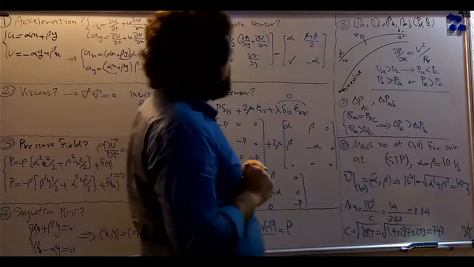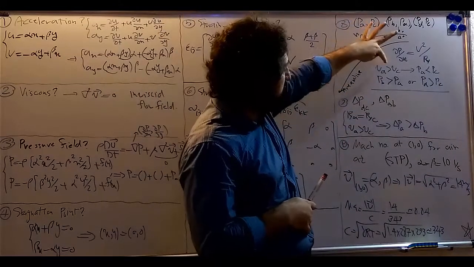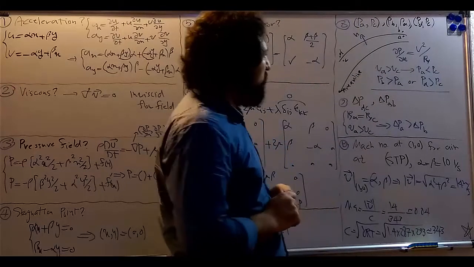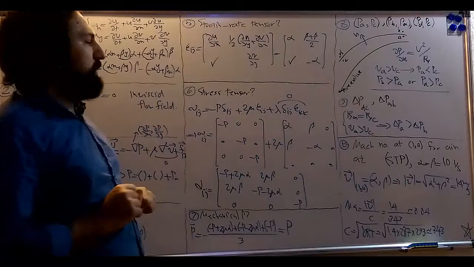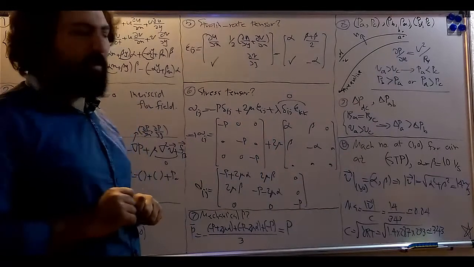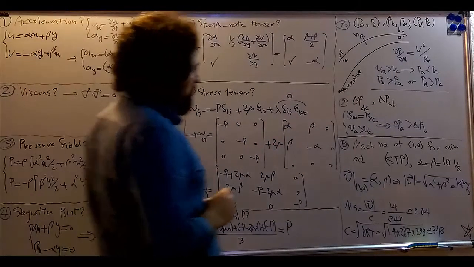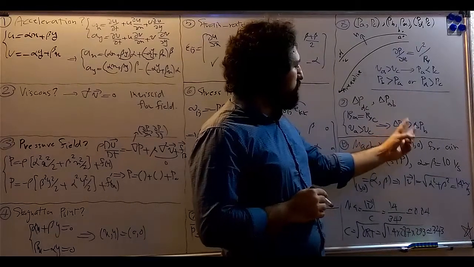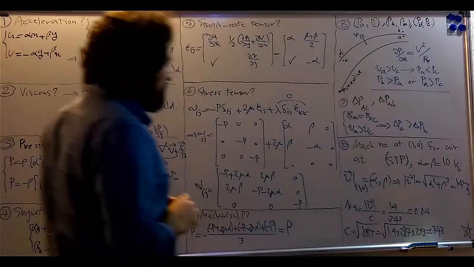But the velocity of point A is greater than the velocity of point C. So the pressure gradient at point A is greater than the pressure gradient at point C. So the pressure difference between points A and B is greater than the pressure difference between points B and C.